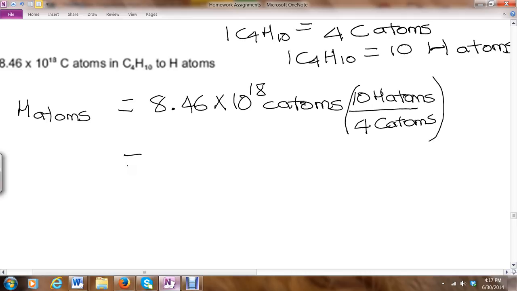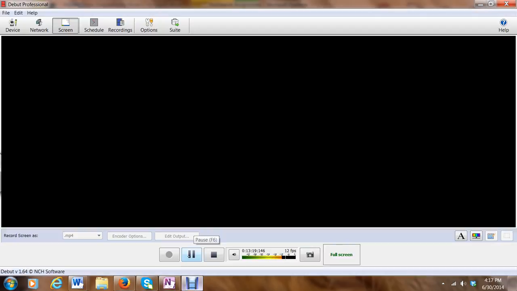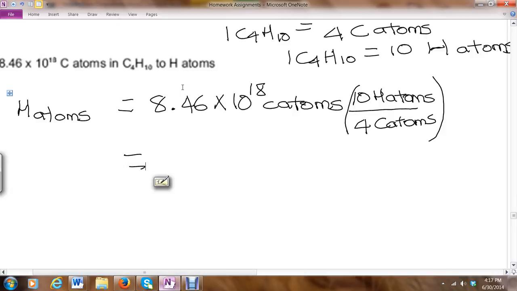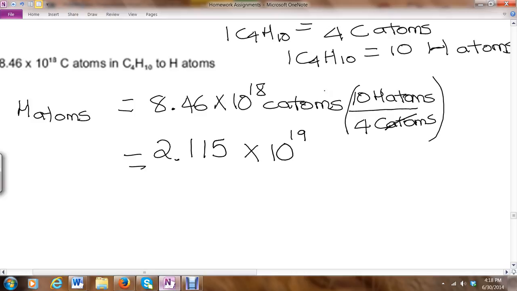You just have to do this calculation, again put it on pause and do it yourself. And this is going to be 2.115 times 10 to the 19, the carbon atoms cancel out, and it's going to be hydrogen atoms.